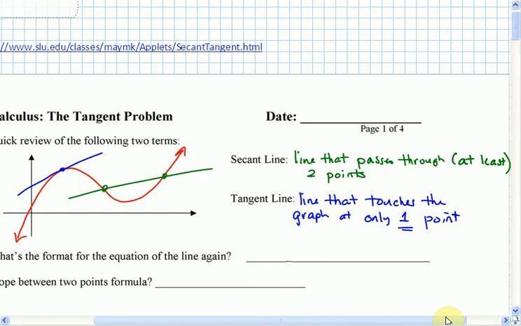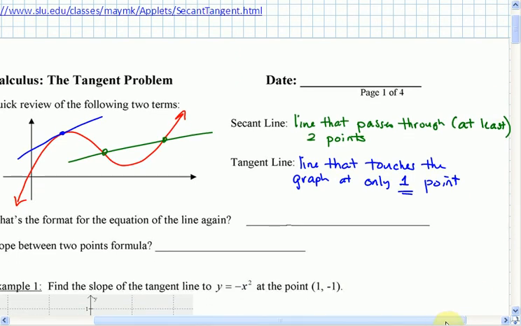All right. So those 2 terms you should have done before. We've got some more things I want to quickly review before I actually start doing this stuff. So what's the format for the equation of the line? If I asked you for the equation of a line, good old grade 10. Yeah, y = mx + b. Good. That's one form. This is what they call the slope-intercept form. There are other forms, and I'll show you another one that many university people use.